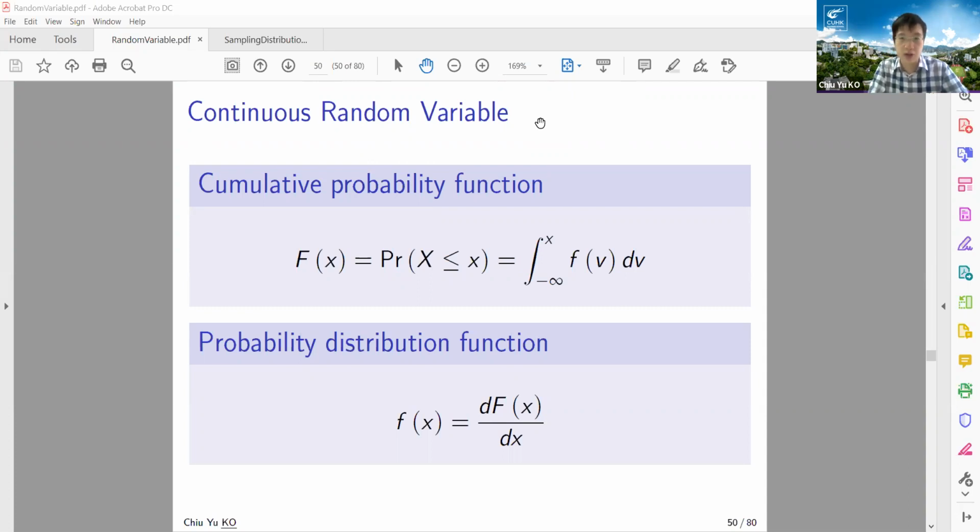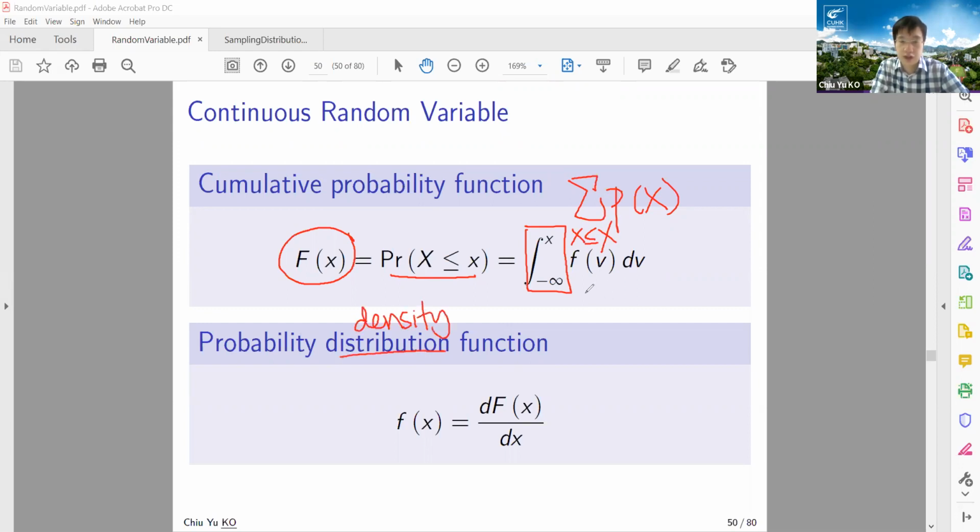So the most natural one is the cumulative one, just asking what is less than or equal to a certain value. This we call the cumulative probability function. And it's integration, but in general it actually means the sum of probabilities for x less than or equal to x, so that is the same thing. And sometimes this is called the probability density function, which is the differentiation of the F, right?